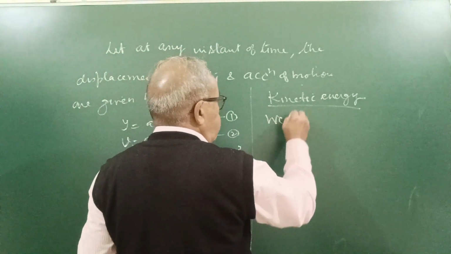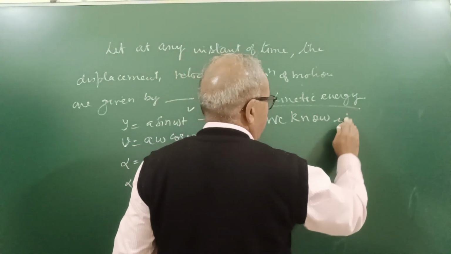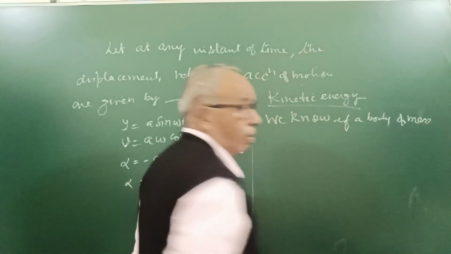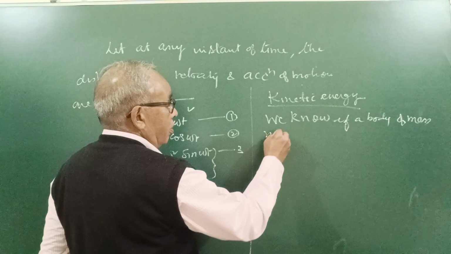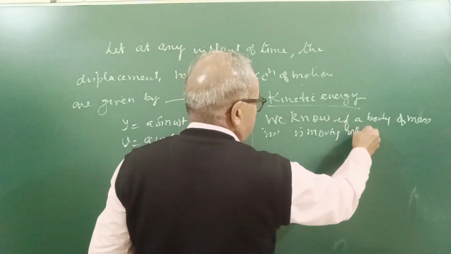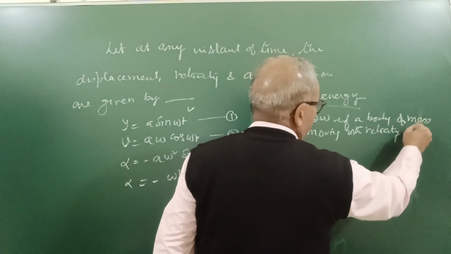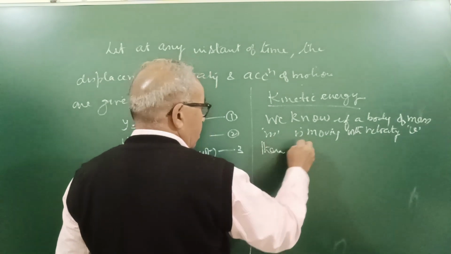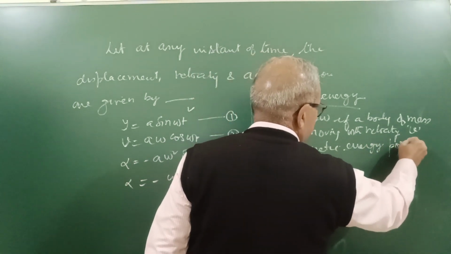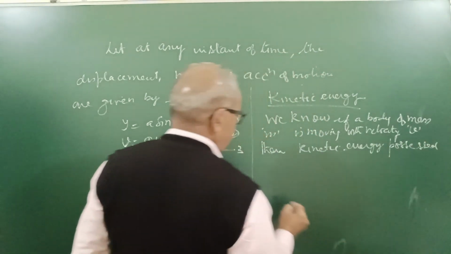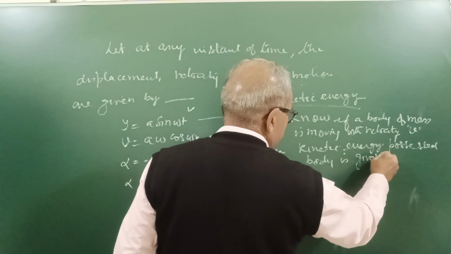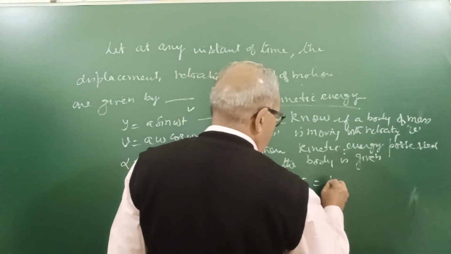We know that if a body of mass m is moving with velocity v, then the kinetic energy possessed by the body is given by KE equal to half m v square.